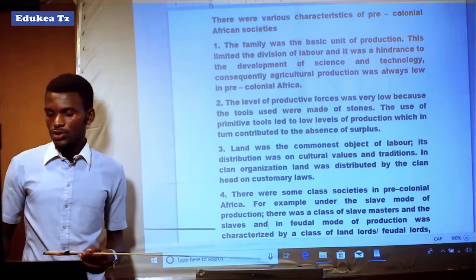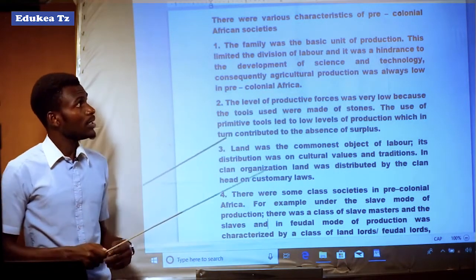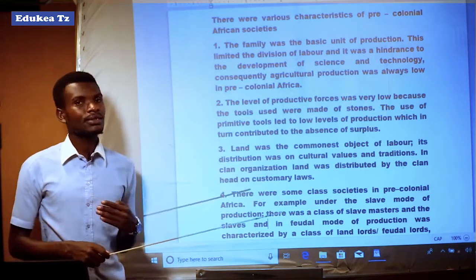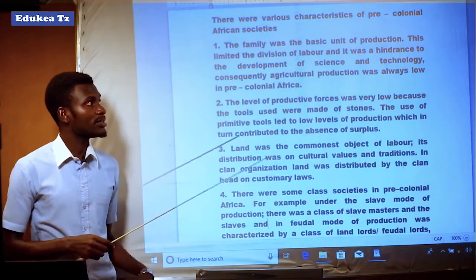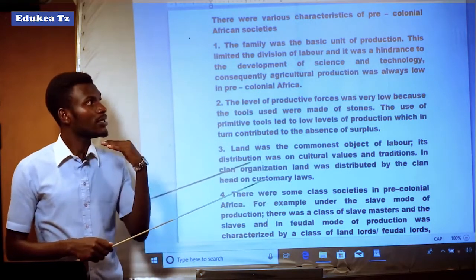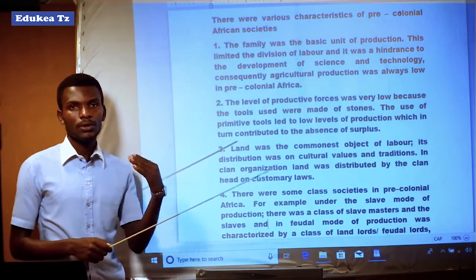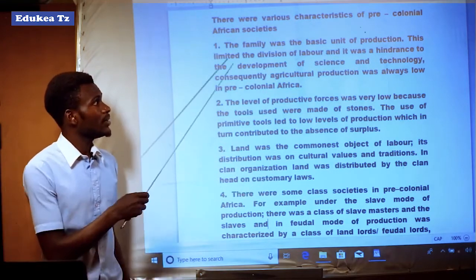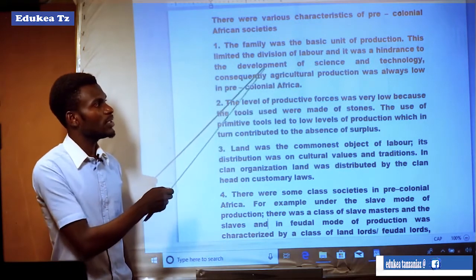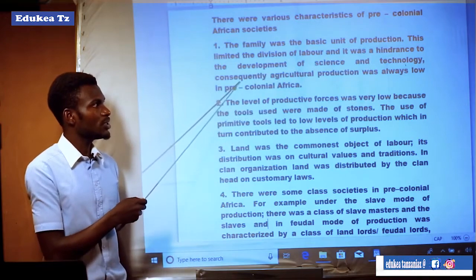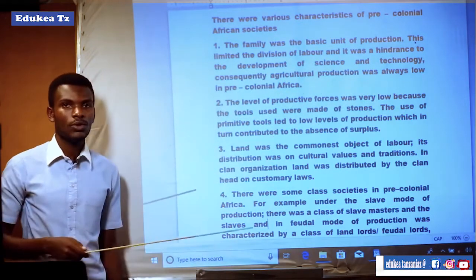It means that the family members were used in production as labor. This limited the division of labor, and it was a hindrance to the development of science and technology. Consequently, agricultural production was always low in pre-colonial Africa.